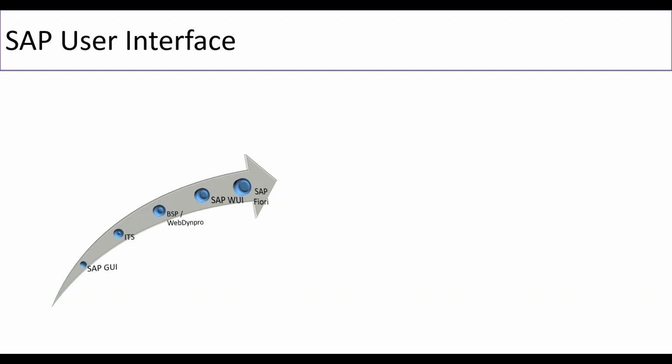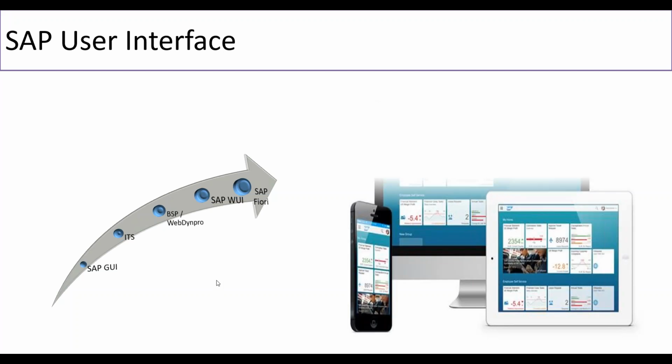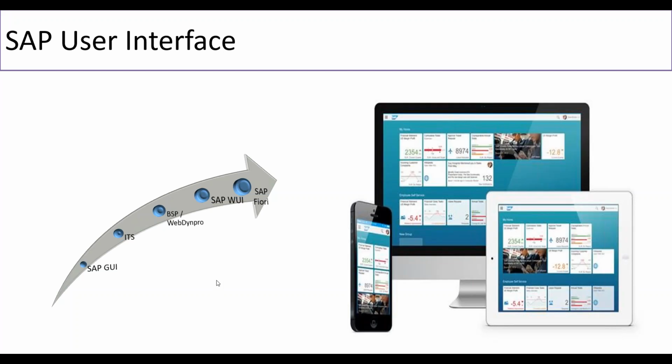So they started their vision from 2007, worked very hard, and released a beta version in 2012 and the actual production version in 2013, which is called SAP Fiori, my dear friends.